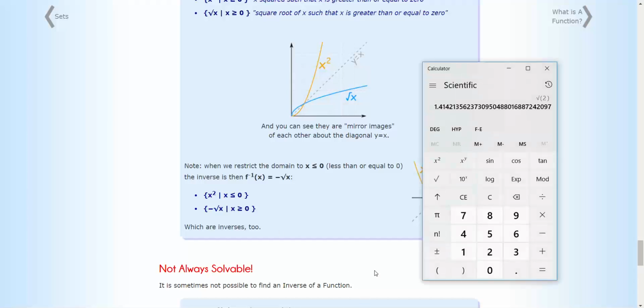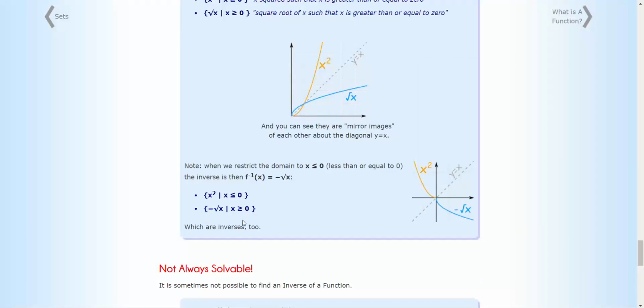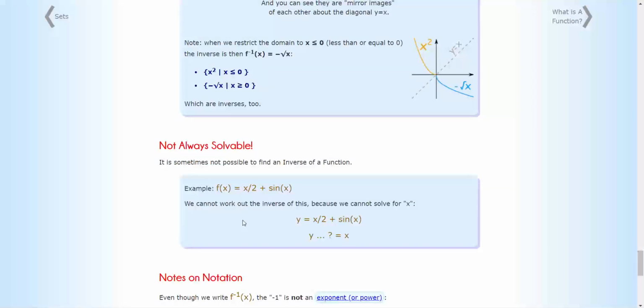The square root of 4 is 2, but you apply the negative sign, that's -2, which is the inverse of what we've applied. Not always solvable. It's sometimes not possible to find an inverse of a function.